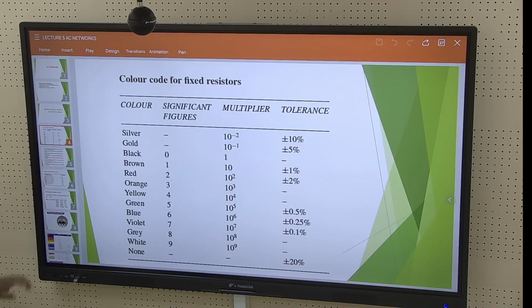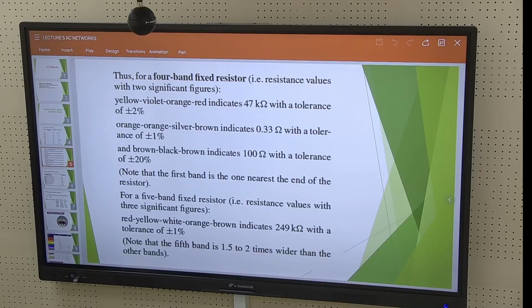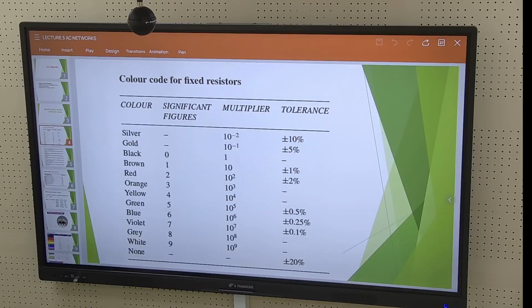Now, for instance, if there's a 4-band fixed resistor value with two significant figures, yellow, violet, orange, red indicates that it is 47 kilo ohm with a tolerance of plus or minus 2%. Here you can see the last one is red, which says a tolerance of plus or minus 2%.